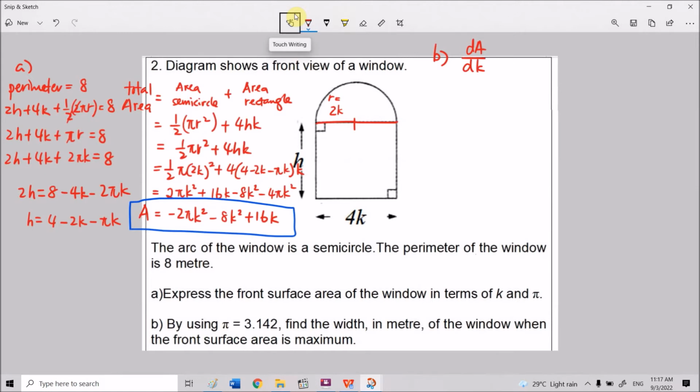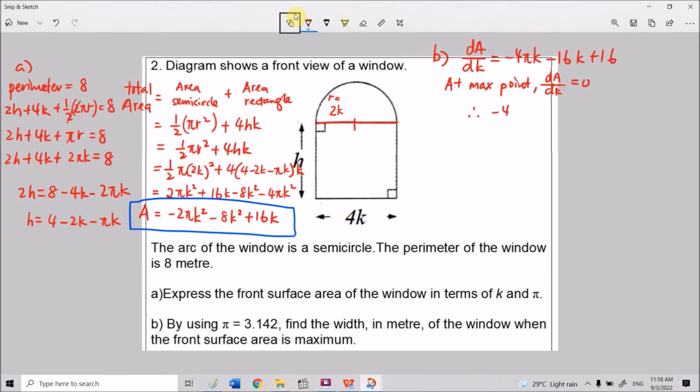So now I try to differentiate A with respect to k. I will get this: negative 4 pi k, and then this one multiplied by this, I get negative 16k. For this part, I will get 16 only. And at the maximum point, dA/dk equals 0.